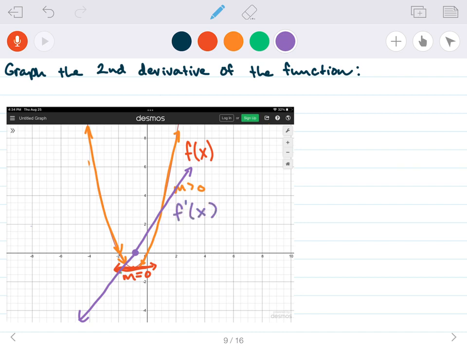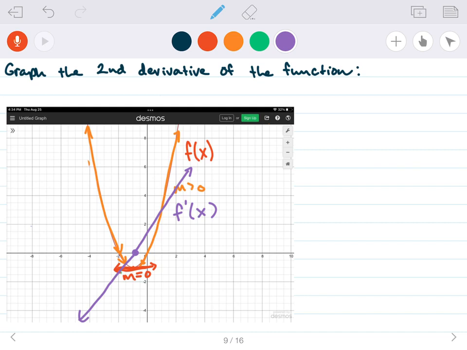And so for f double prime of x, we're going to just apply the same logic that we used to find the first derivative graph. But this time we're going to use the derivative, f prime of x, and look at the slope there. So it looks like the slope of this line is roughly 3, right?